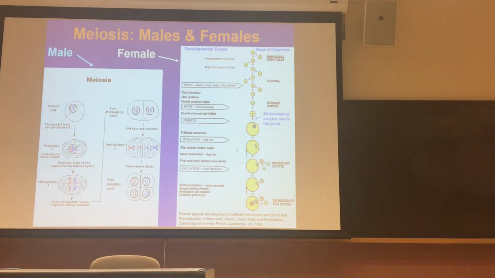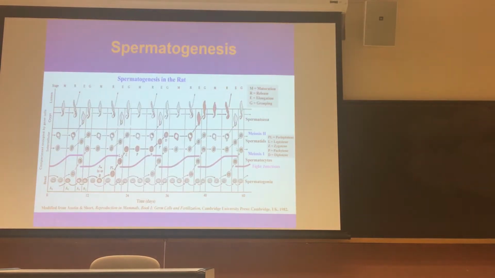We've gone through this slide before. This is what I wanted to get to. This is data on what sperm production looks like, taken particularly from rodent data, but it's since been proven to hold for virtually all mammals.